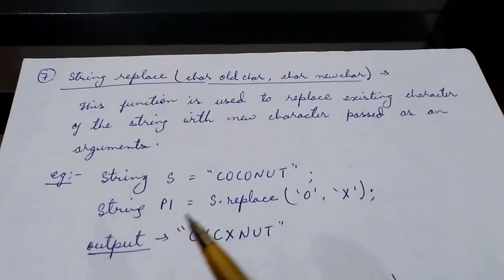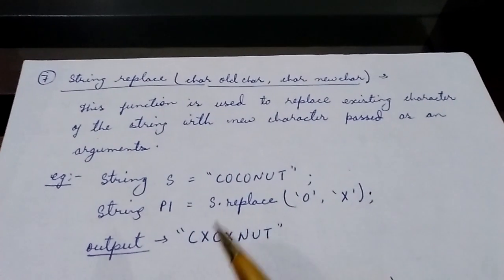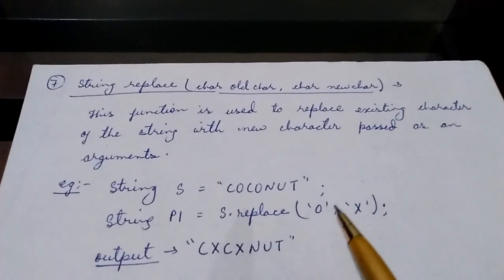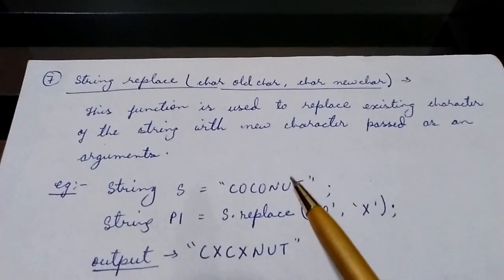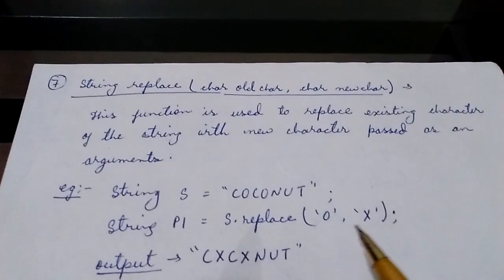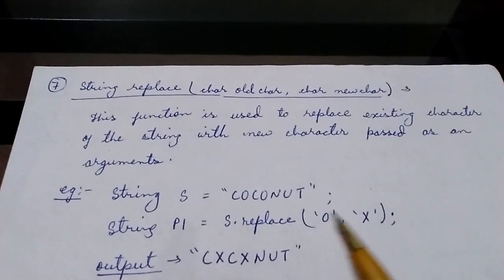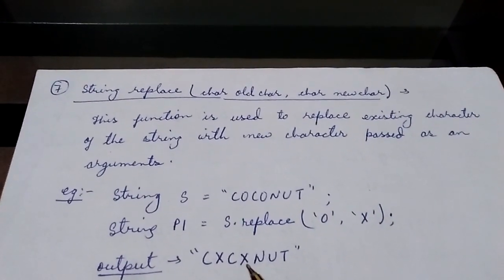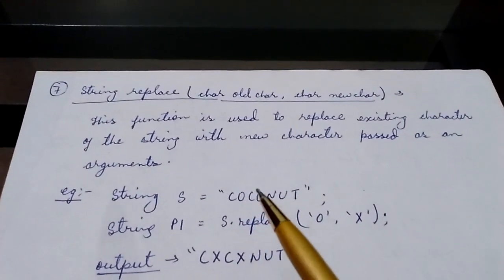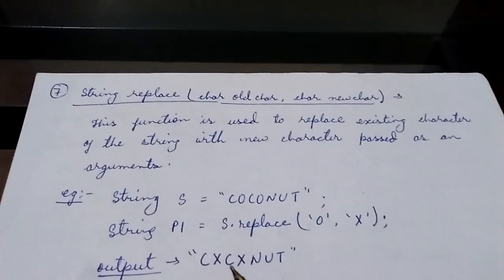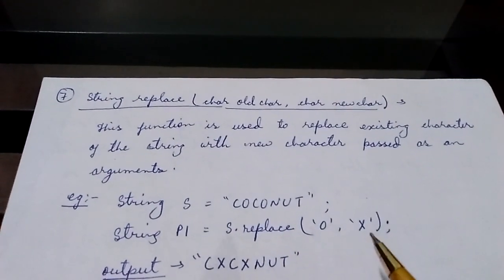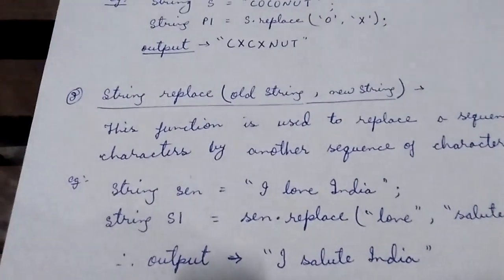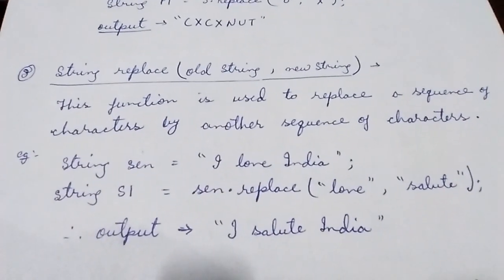Now here I am replacing: string P1 equals to S dot replace O comma X. So O is the old character which is present in the string, which I want to replace with X. So wherever the O's are present, that will be replaced by X. Not only the one occurrence, but as many times as it is present in the string, all the places it will be replaced by X.